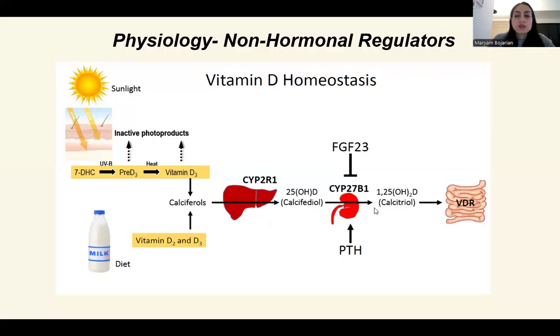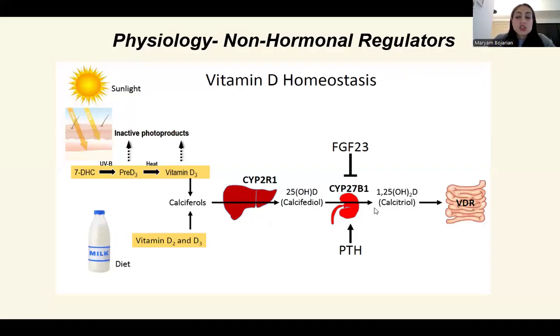And other non-hormonal regulators are dietary calcium and phosphate intake, and some products like oxalate or phytate actually inhibit absorption of calcium. And in terms of renal function, any kind of kidney impairment can alter phosphate handling.